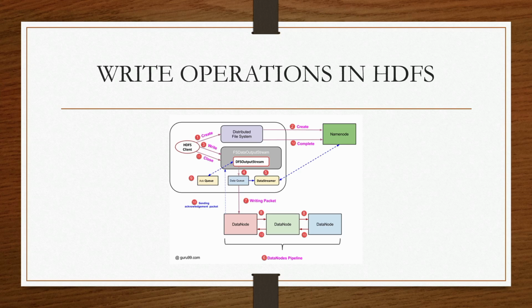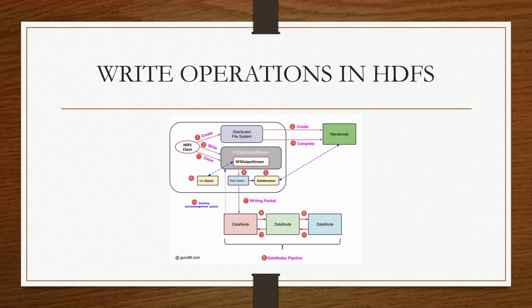The data write method is invoked as shown in step 3 in the diagram. The FSDataOutputStream contains the DFSOutputStream object, which looks after communication with the DataNodes and the NameNode. While the client continues writing data, the DFSOutputStream continues creating packets with this data.